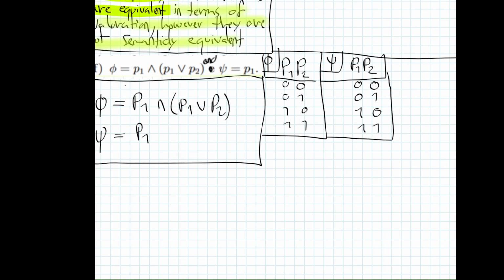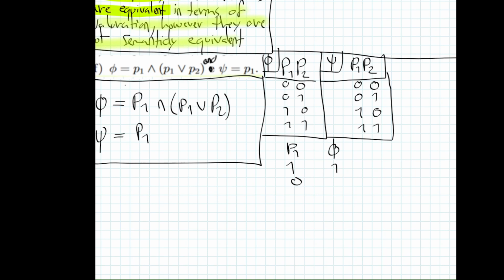The reason why we have this question is that we want to know, really we could phrase it like this: P1 can be 1 or 0. Given P1 is 1, can phi return 1?